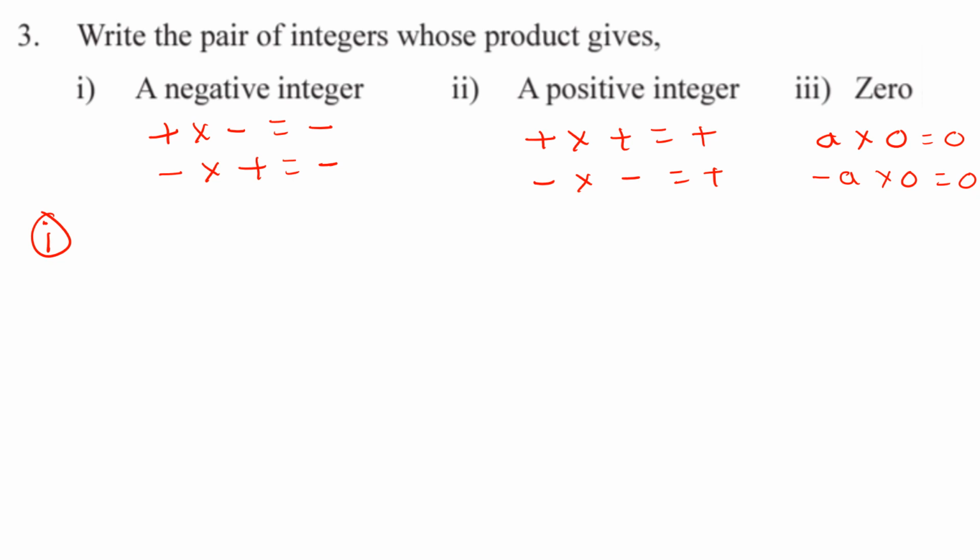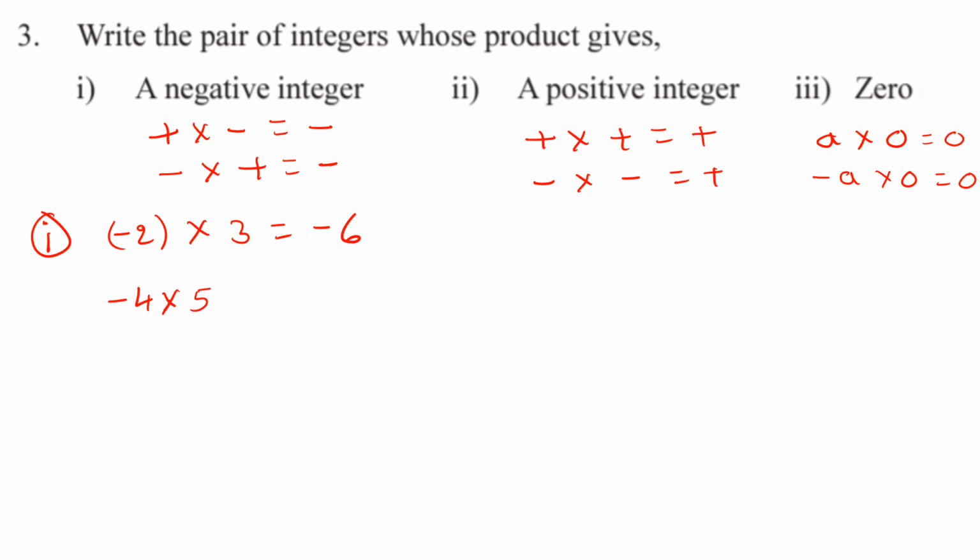First one, take any one: minus 2 into 3 is equal to minus 6. Okay, and write the pairs like that here. Minus 4 into plus 5.